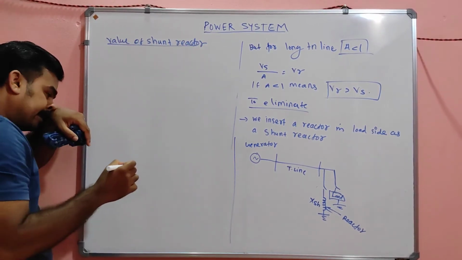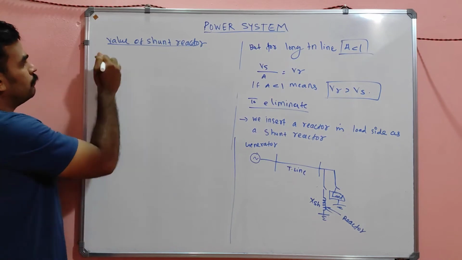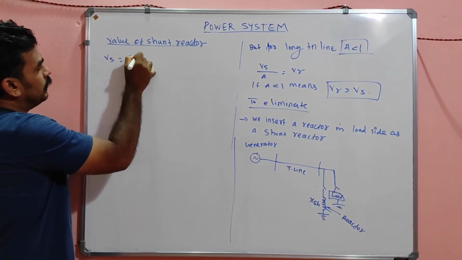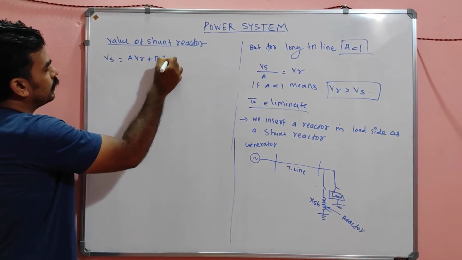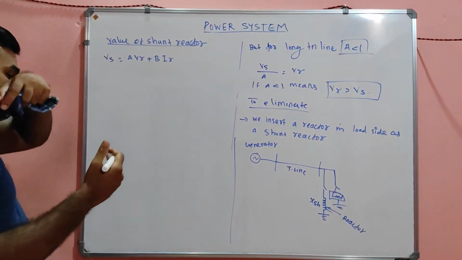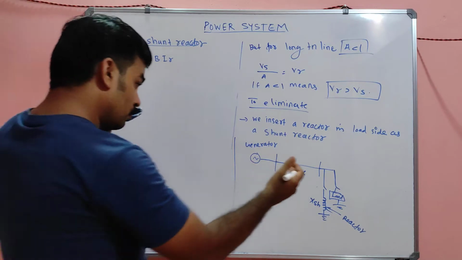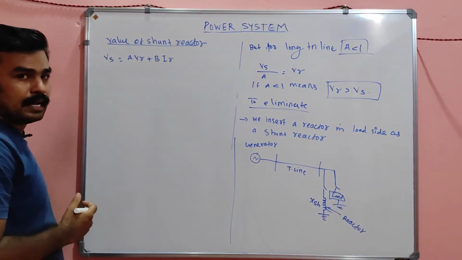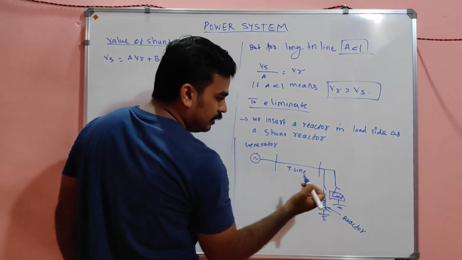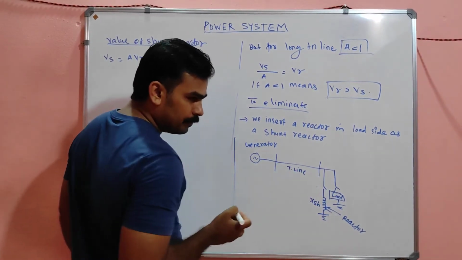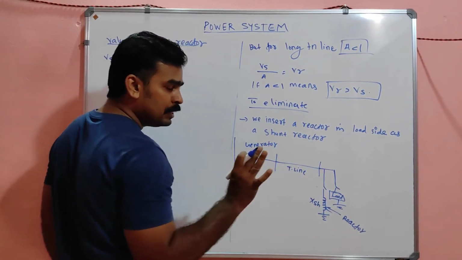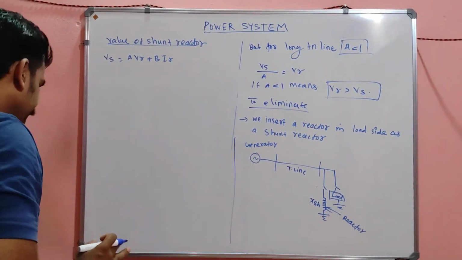See, my dear, our basic equation again: Vs is equal to A into Vr plus B into I. Am I right? For no load condition, there will not be any current IR.